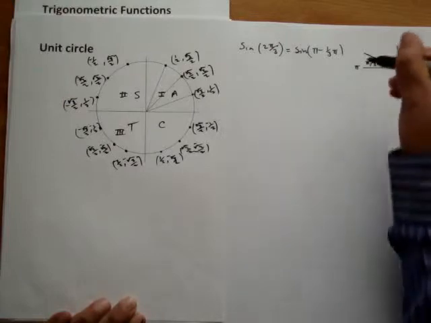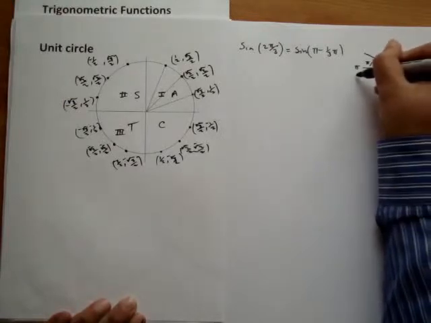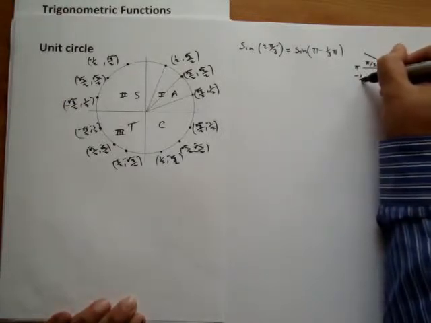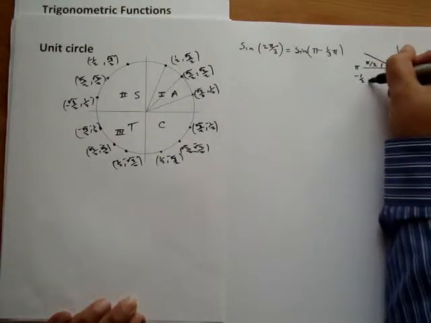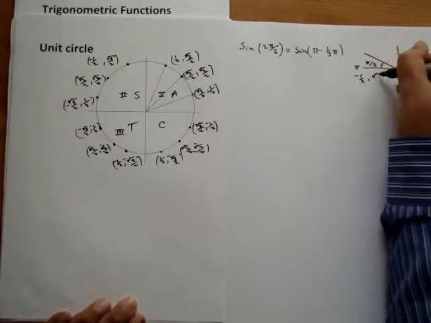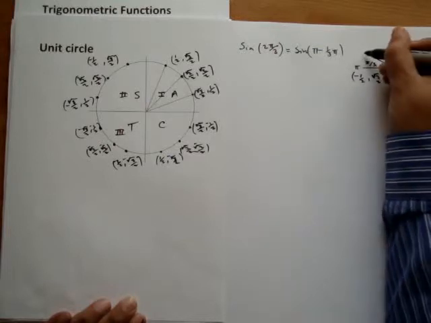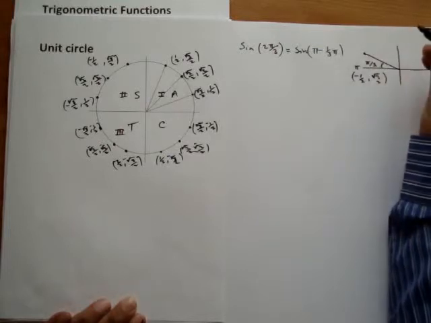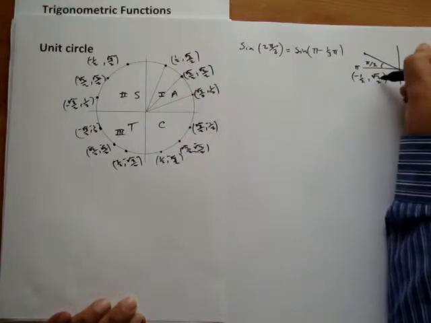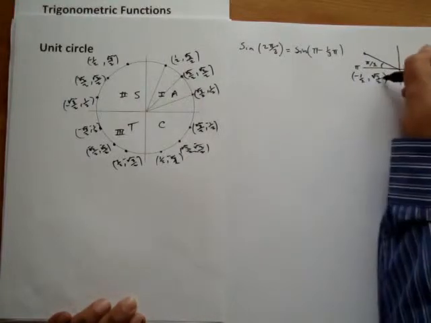So this then is minus a half, square root of 3 over 2. So the sine value is given by square root of 3 over 2.